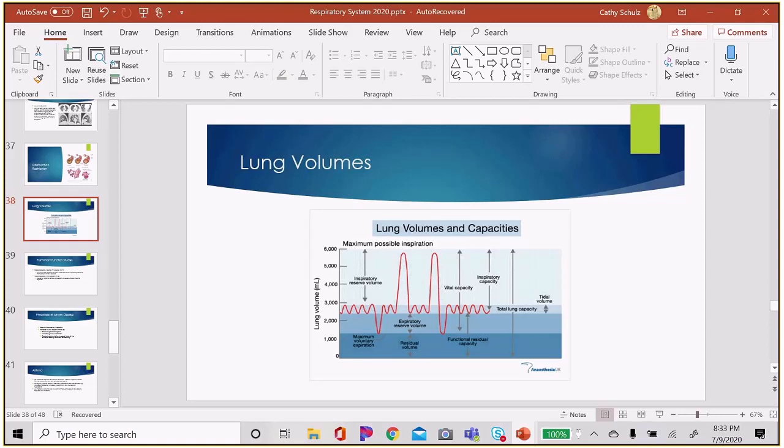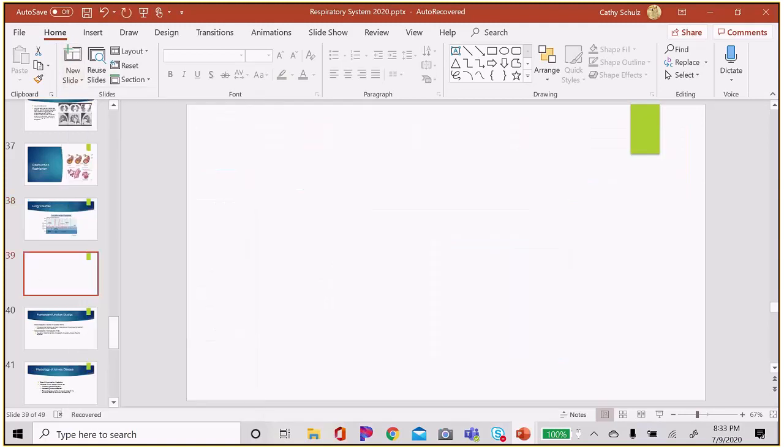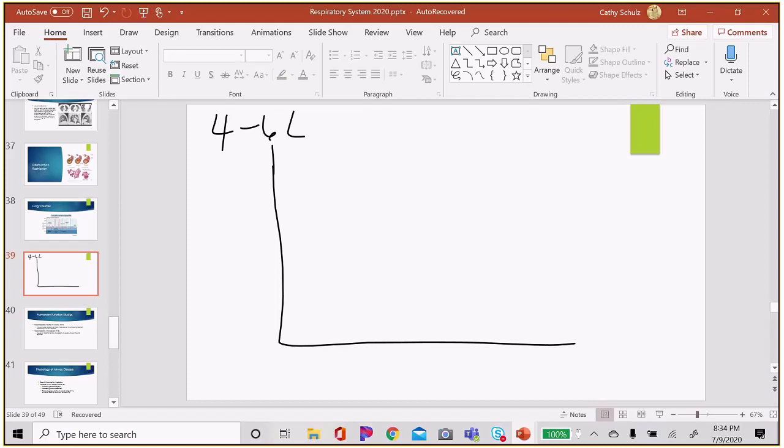So one of the ways that we can distinguish between lung disorders is to measure lung volumes, because we would expect them to be a certain amount based on sex and weight, but mostly sex. The lungs can hold 4 to 6 liters of air, and the volume that the lungs can hold can be measured.